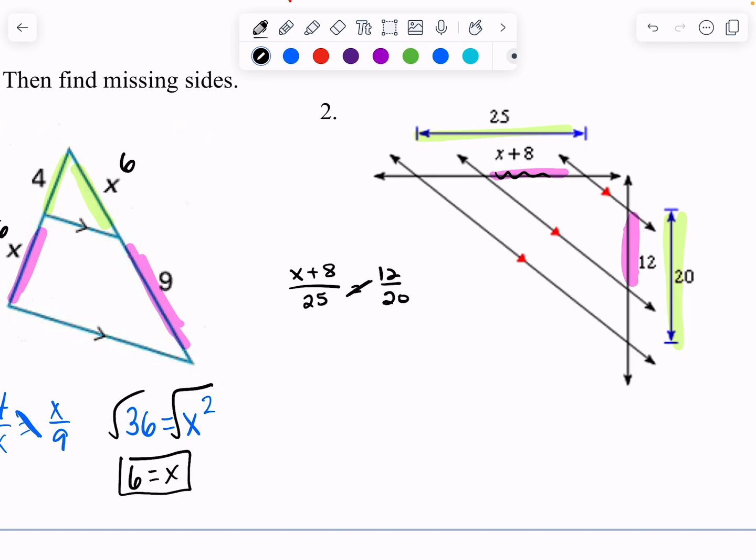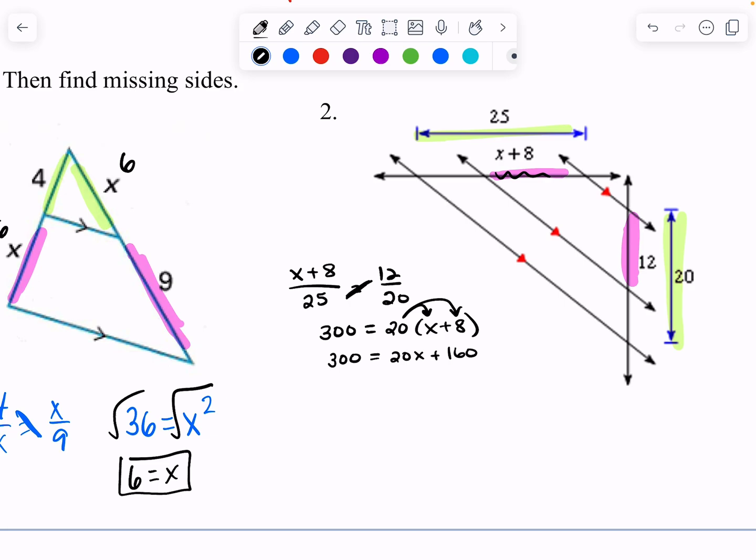So when I first do this math, 25 times 12, I'm getting 300. And now this is the tricky thing. This is 20 times X plus 8. You have to distribute the 20 to both numbers. So 300 equals 20x plus 160.